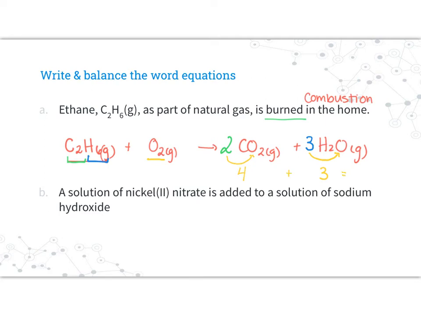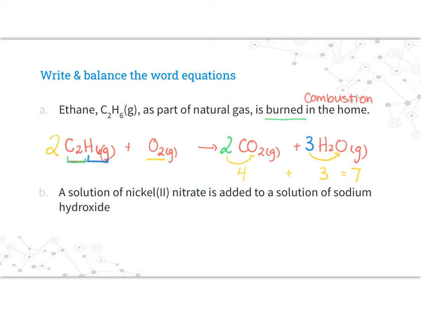When I add these up, they add to 7. Here's where our problem exists again. If I have an odd number of oxygens that can only be balanced with a diatomic or in pairs, I need to go back and double my hydrocarbon.